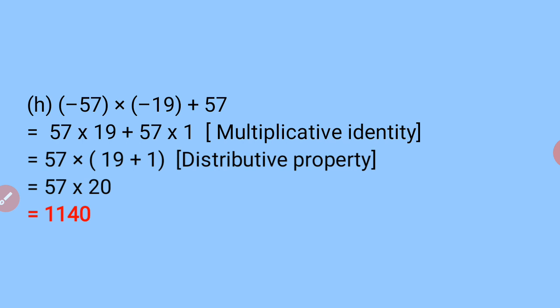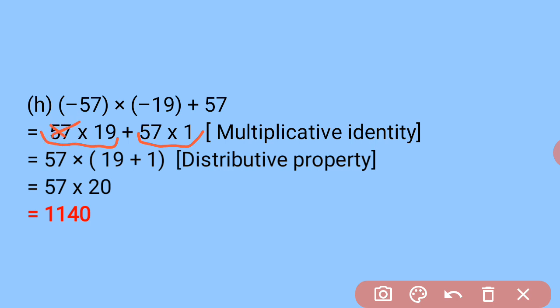Now again we are having two multiplications to be done and then finally to be added. Let us put them in the tray. First term and second term, both inside the trays. What is common? 57 is common. So remove 57, write it once, multiplied by.